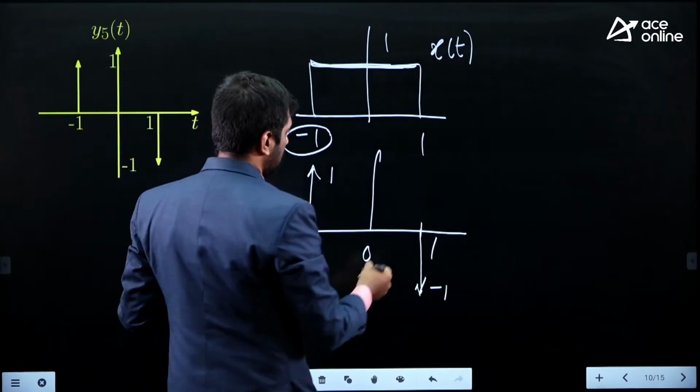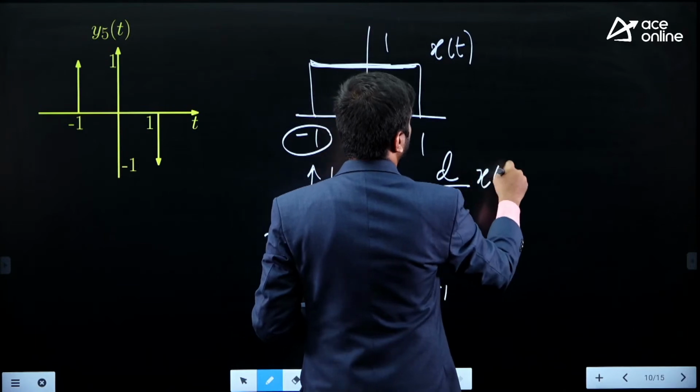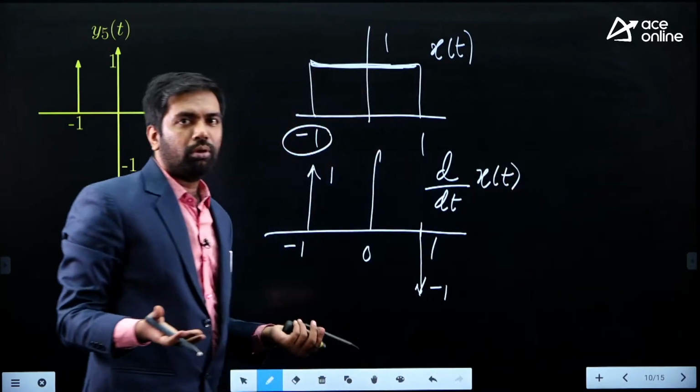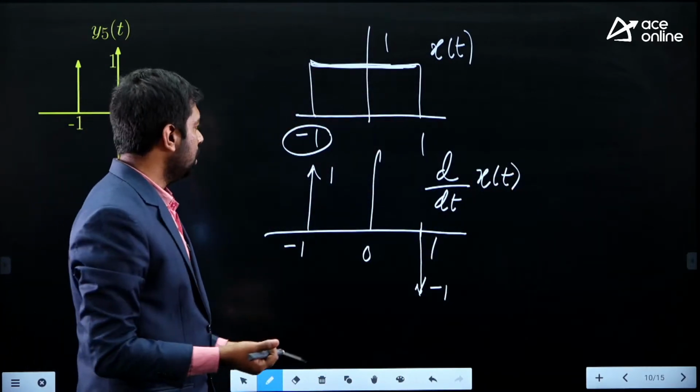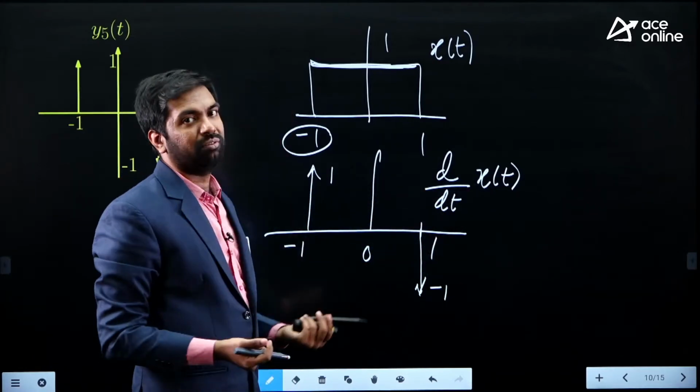How did you get this? By differentiating x of t. So now which property am I going to use? I'm going to use the differentiation in time property to find the Fourier transform of this.